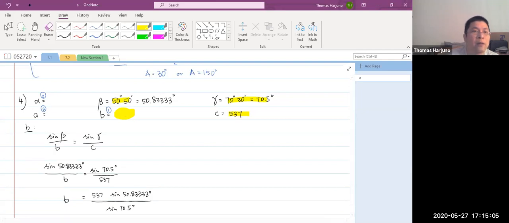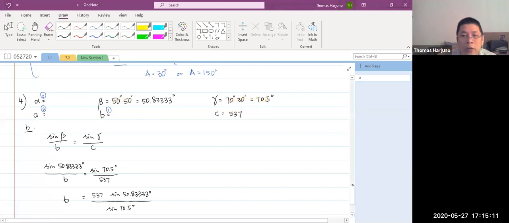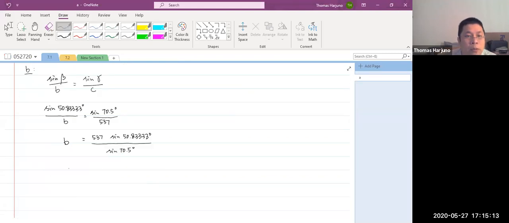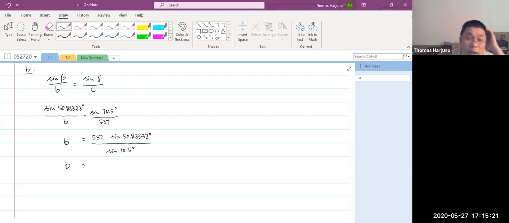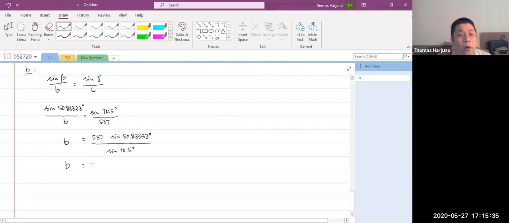Now, when I use my calculator, let's confirm that's what we get. 537 sine of 50.83333 divided by sine 70.5 degrees. I get 441.67648.